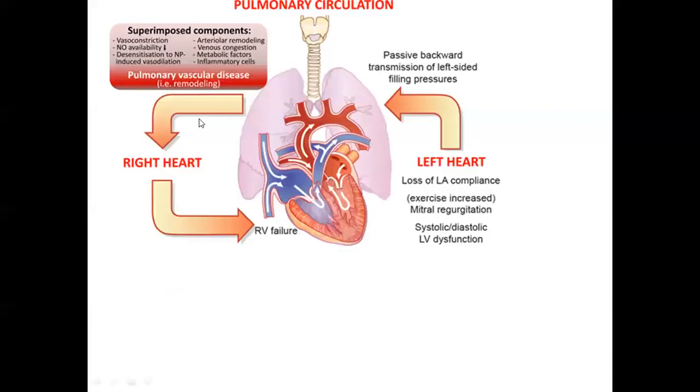In this picture, it is showing what happens if the patient has left side heart failure. Here we say passive backflow or transmission to the left side, feeding pressure, and left heart loss of compliance, exercise increases regurgitation, systolic or diastolic dysfunction.